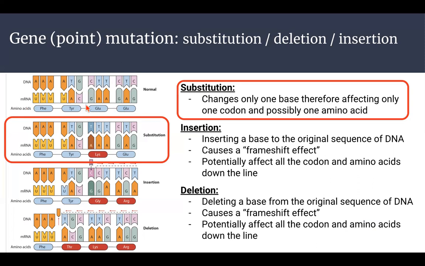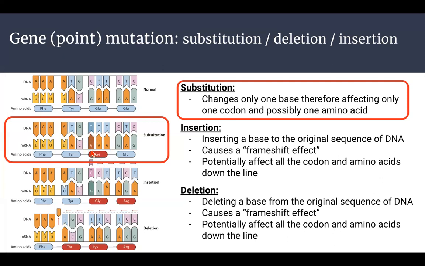So substitution is when you substitute one single base, and you can see in this case, this G has become an A. If it has become an A, then you can see the resulting amino acid that this codon is coding for. If you don't remember the word codon, you really need to revise lesson 2 in this unit.